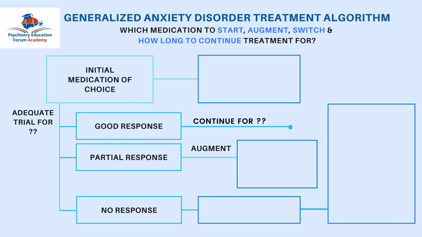In this video, I will only talk about the initial medication of choice for generalized anxiety disorder. We know how common generalized anxiety disorder is, and we should know the common treatments, which medications are approved, not approved, and their efficacy.